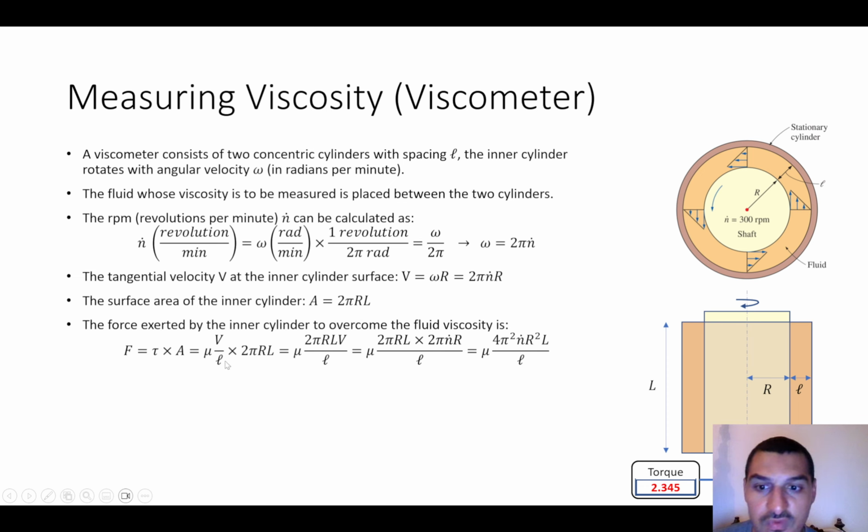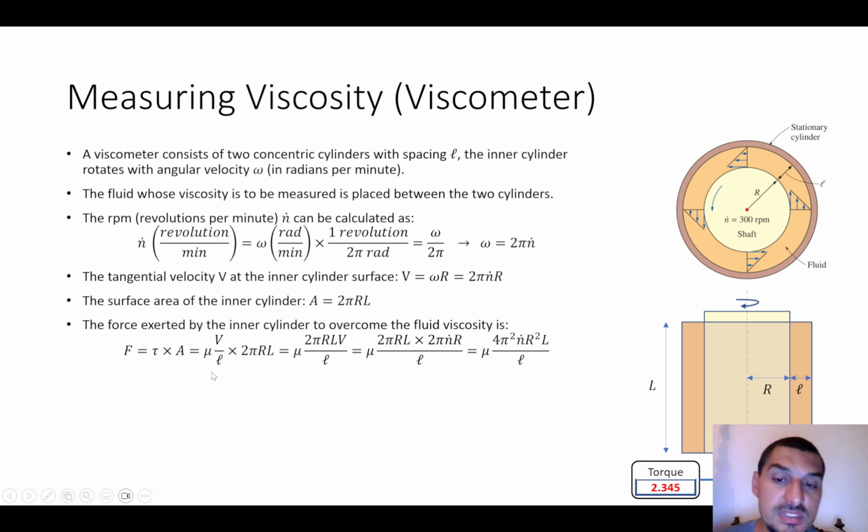So it's V over L, where L is the distance between the two cylinders. So tau is mu times V over L, times the area, which is 2 pi RL. This is the total force exerted by the inner cylinder, the shear stress times the area.